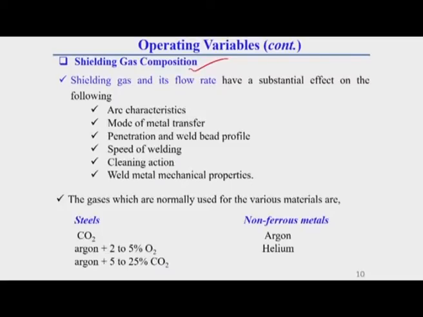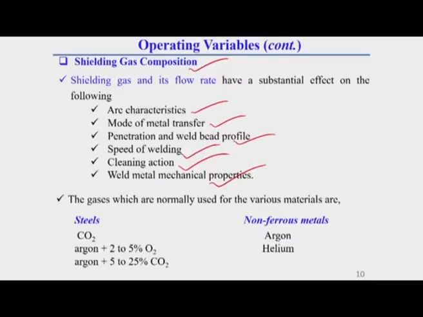The shielding gas and its flow rate have a substantial effect on the following: arc characteristics, mode of metal transfer, penetration of weld bead profile, speed of welding, cleaning action, and weld metal mechanical properties. That means shielding gas has a very important effect on the overall quality of welding itself.